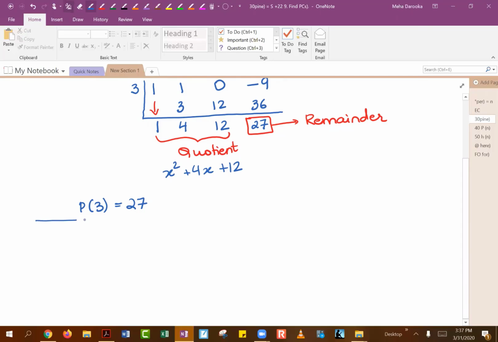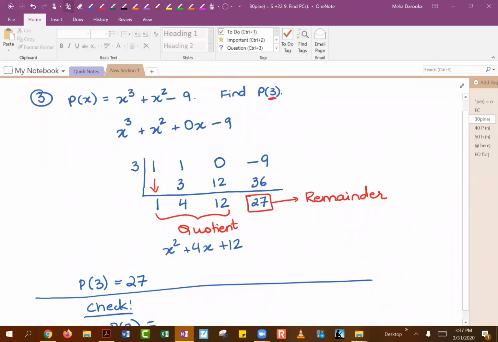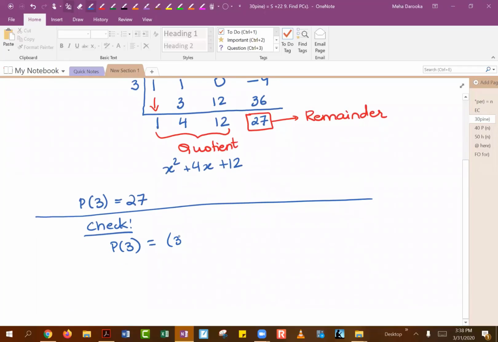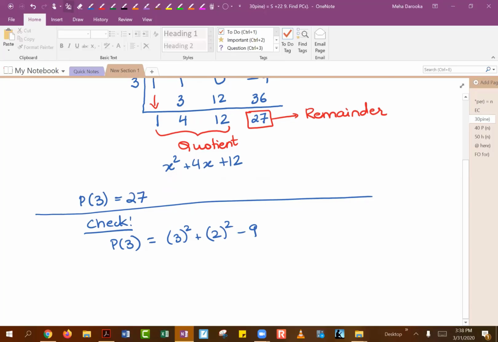And you can do a quick check again. If you wanted to do a quick check, you can take your p of 3 and put it in your original polynomial. So that's x to the third power plus x squared minus 9.